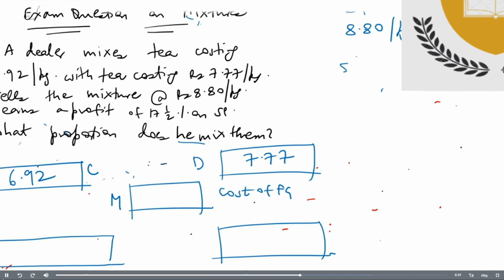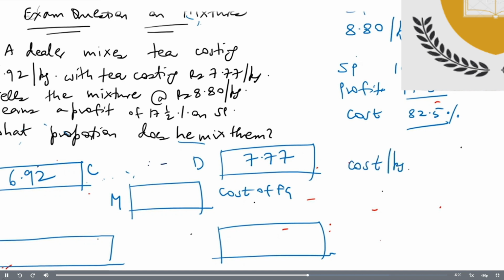Now, if my selling price is 100, my profit is 17.5%. Therefore, my cost is 82.5%. Therefore, if my selling price is 8.8, my cost per kg is 8.80 into 82.5 by 100.